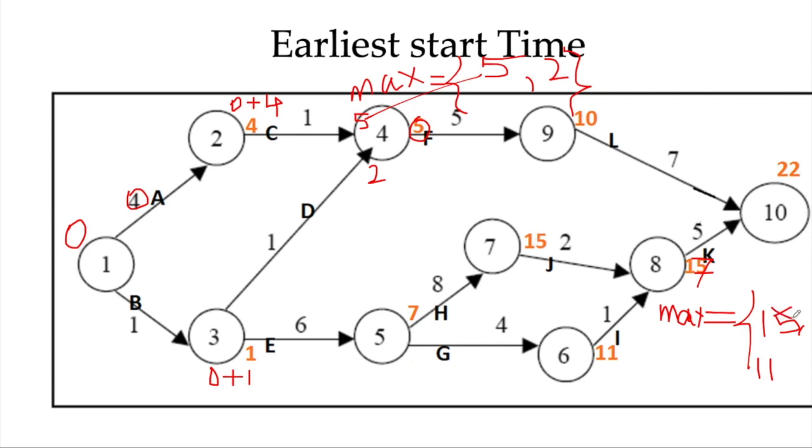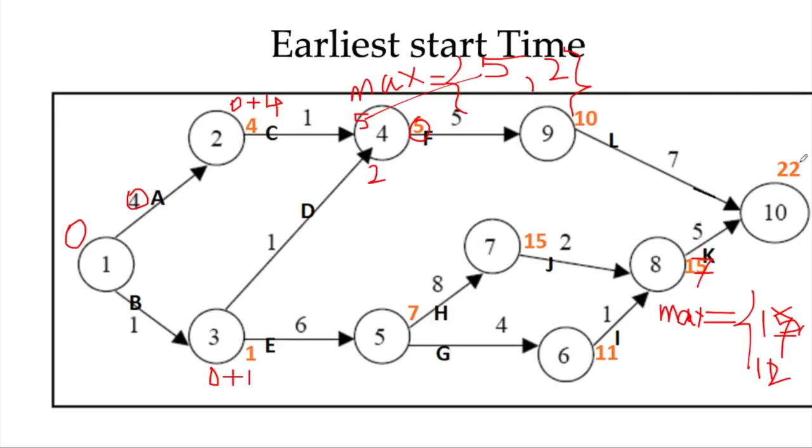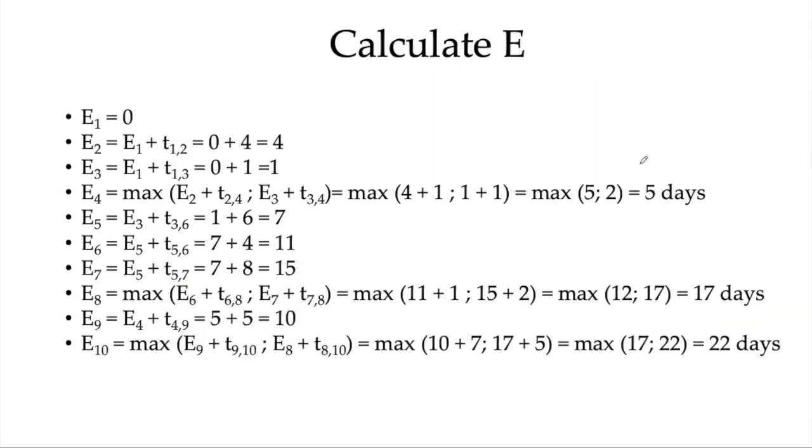I'm sorry, there is a mistake. So this will be 17, and 11 plus 1 is 12, so max of 17 and 12 is 17. So 17 plus 5 is 22, and 10 plus 7 is 17, so the maximum of that is 22.